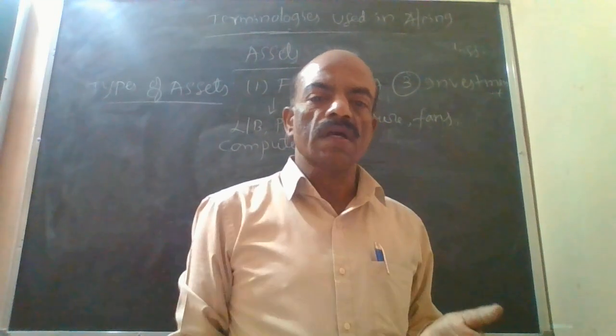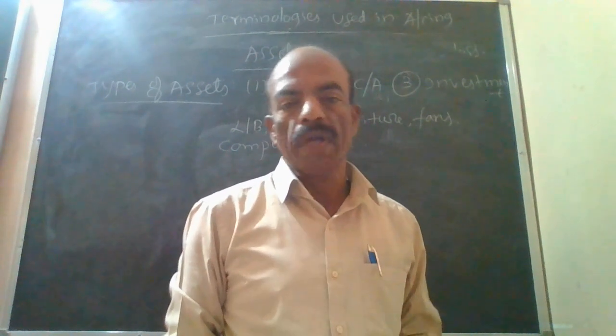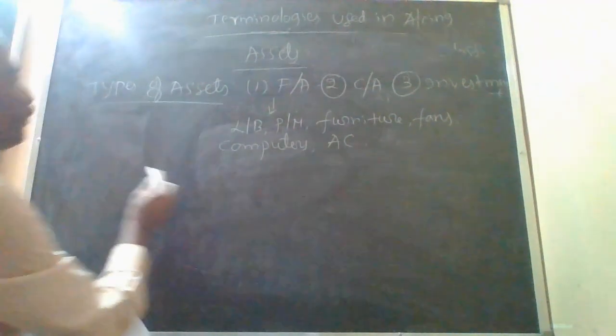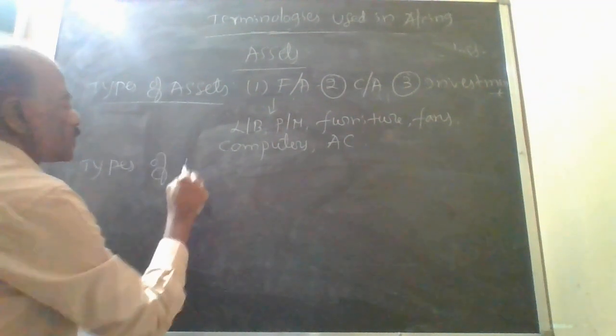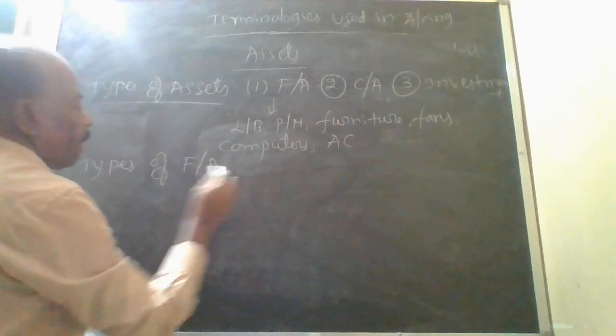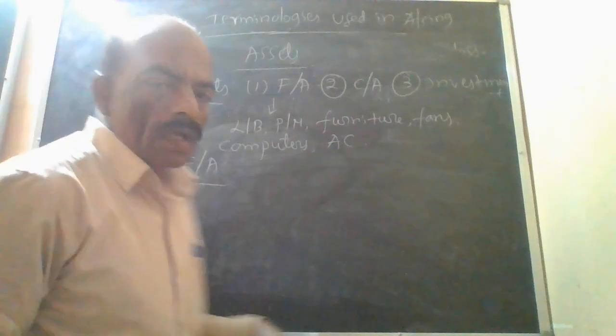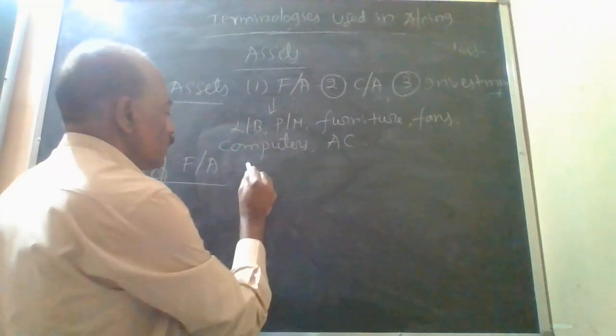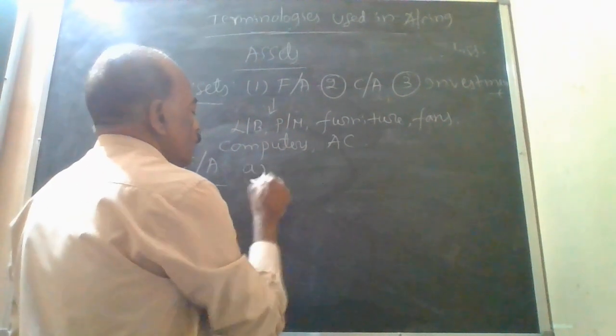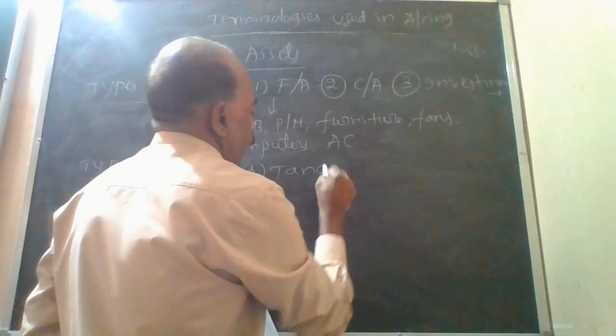These fixed assets are further classified into two categories. So types of fixed assets. It is broadly classified into two categories. First one is tangible assets.